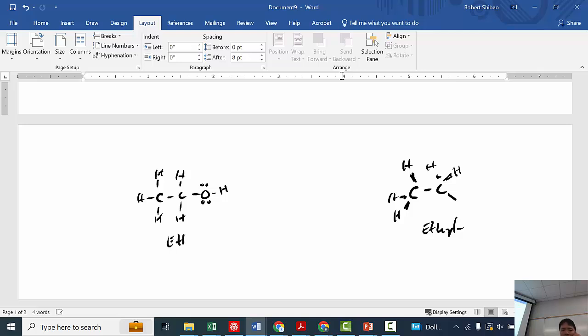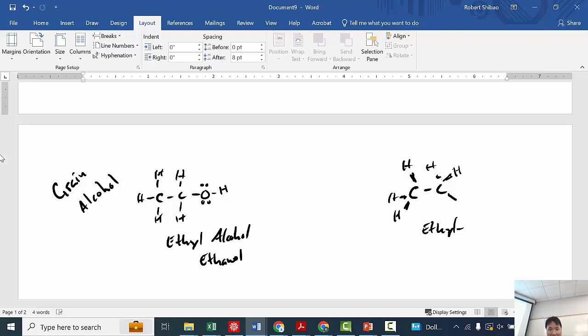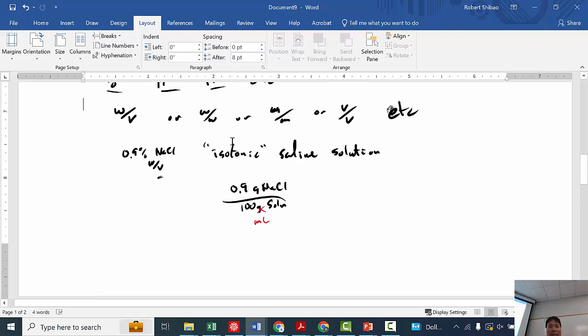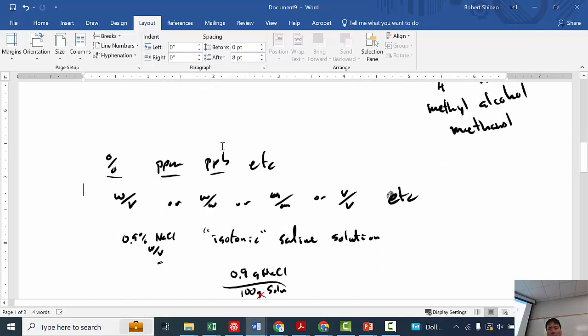This would be ethyl alcohol, or ethanol. This is called grain alcohol. So you could take corn or rice or wheat and make alcohol, barley, etc.